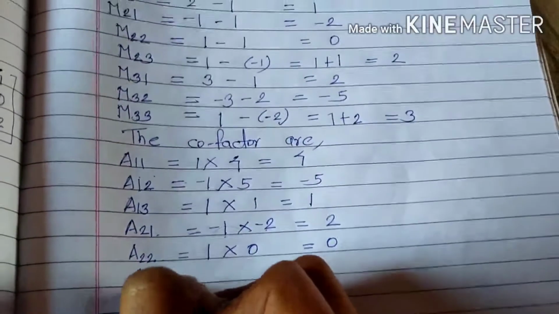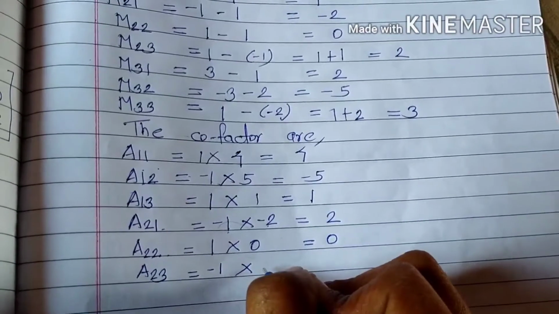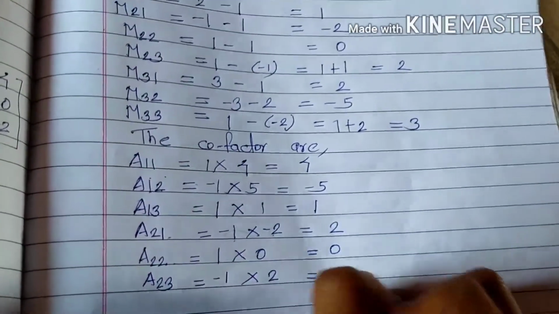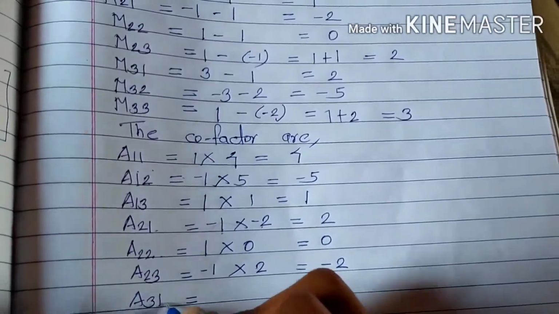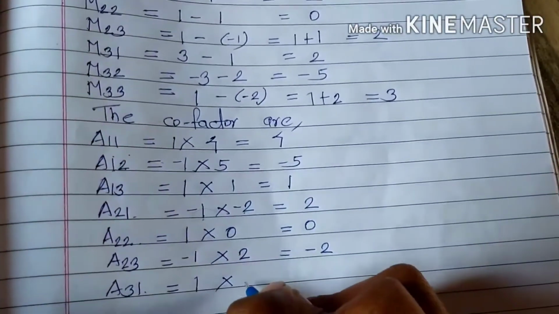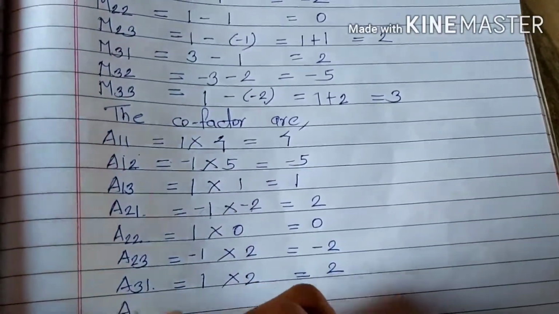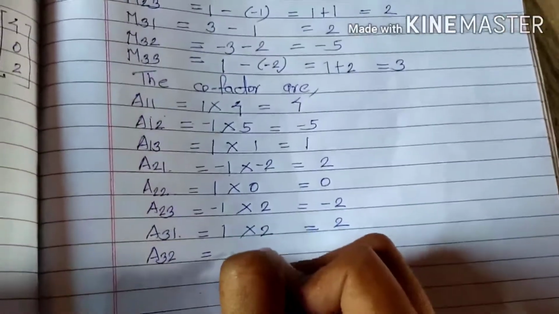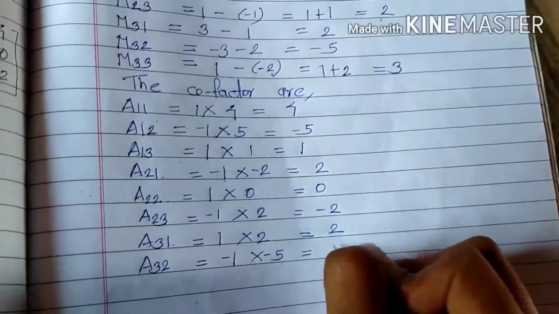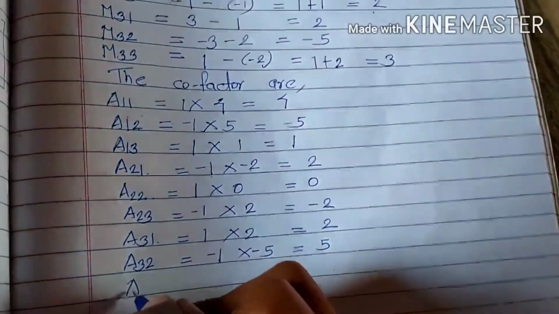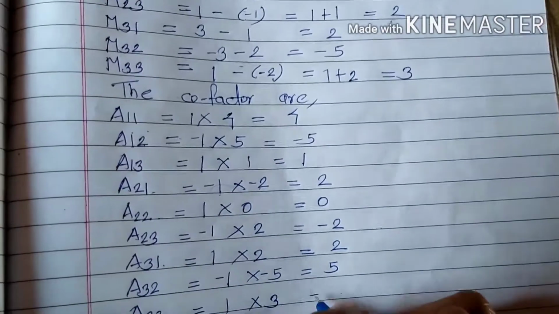Next, A23, minus 1 into 2, so minus 2. A31, 3 plus 1, 4, so even, and value of 3, 1 is 2, so answer is 2. A32, minus 1 into minus 5 is equal to 5, and last, A33 is equal to 1 into 3 is equal to 3.